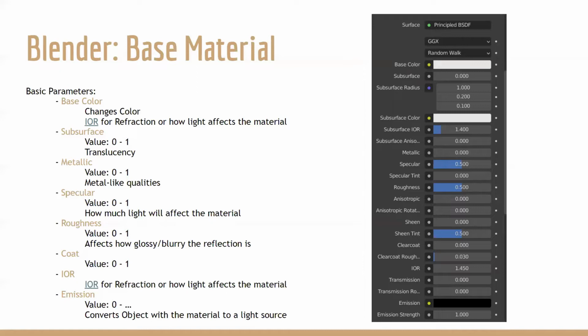Si subsurface, translucency, or how much light passes through that material, usually for transparent textures like glass and diamond, where light should be passing through. And then metallic qualities, we already know that. Specular, how much light will affect the material. Hindi na masyadong kailangan, pwede nating zero out, or stick with the default 0.5.